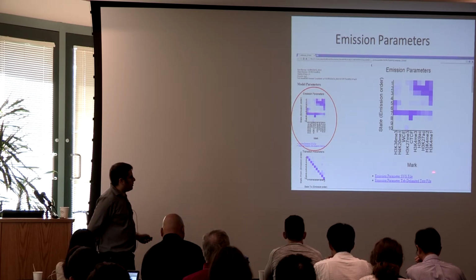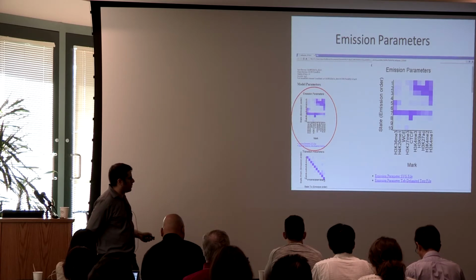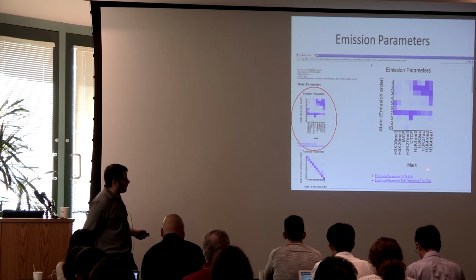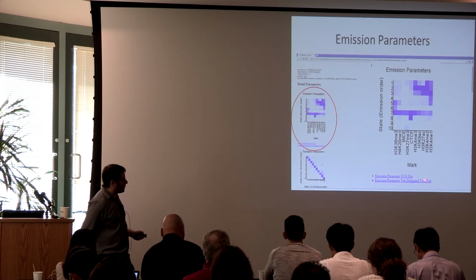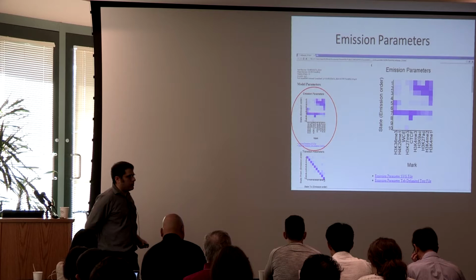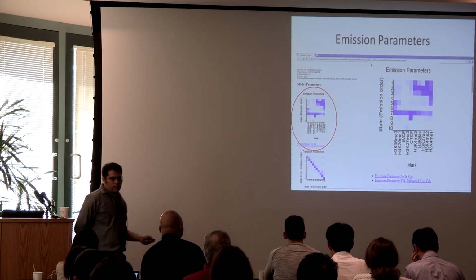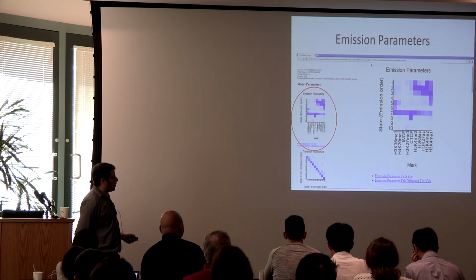And then if you see below it, there's two links here. One is if you want to get it in an SVG format, so this could be converted to PDF and used for higher resolution graphics. And then there's another which gives you this table in a tab-delimited text format, so you can download the actual values of the emission parameters.